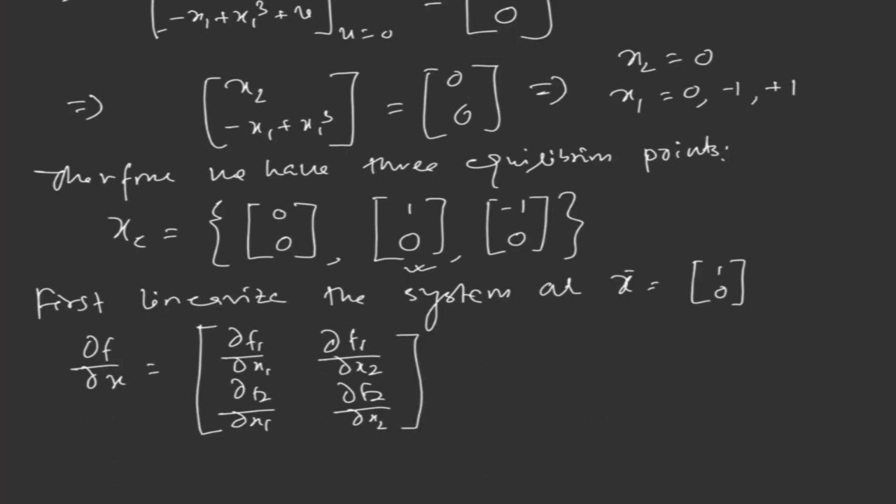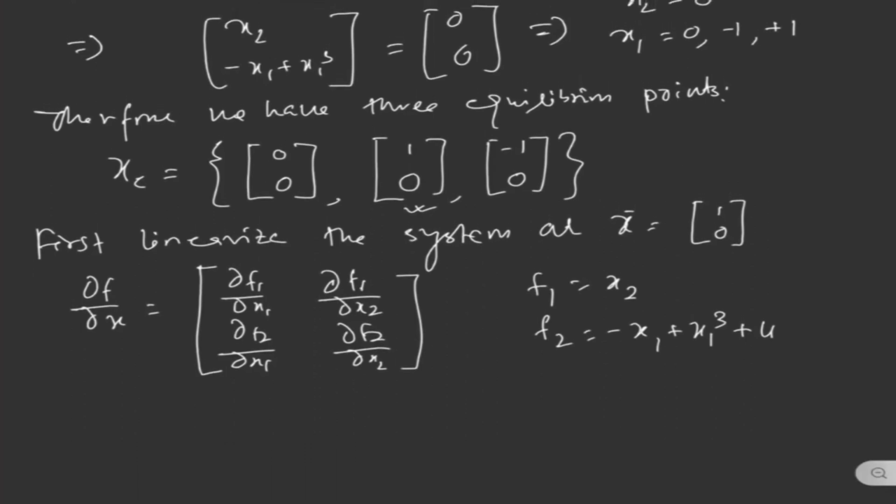If you substitute f1 equal to x2 and f2 equal to minus x1 plus x1 cube plus u in this expression, we have 0, 1, minus 1 plus 3x1 square, and 0.